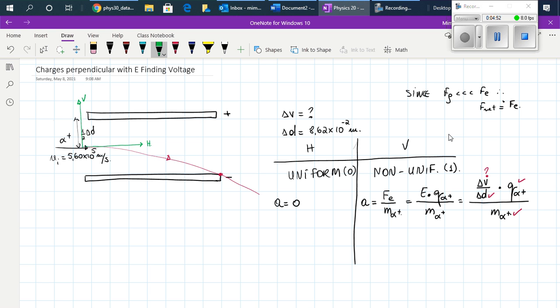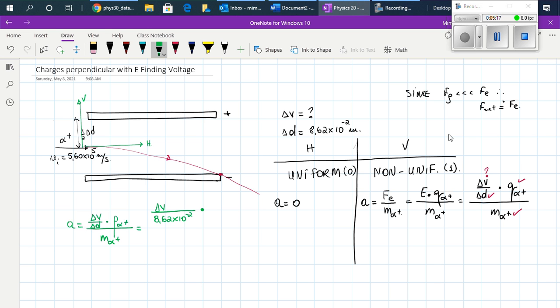So now we have acceleration is equal to delta V over delta d times the charge of the alpha particle over the mass of the alpha particle. We don't know what delta V is, so we'll leave it as the variable. And then we know that the distance between the two parallel plates is 8.62 times 10 to the power of -2.